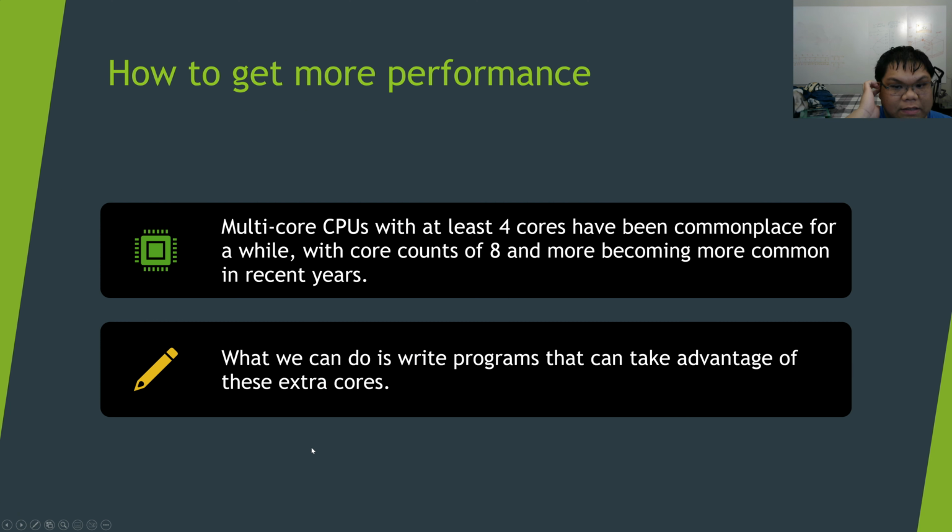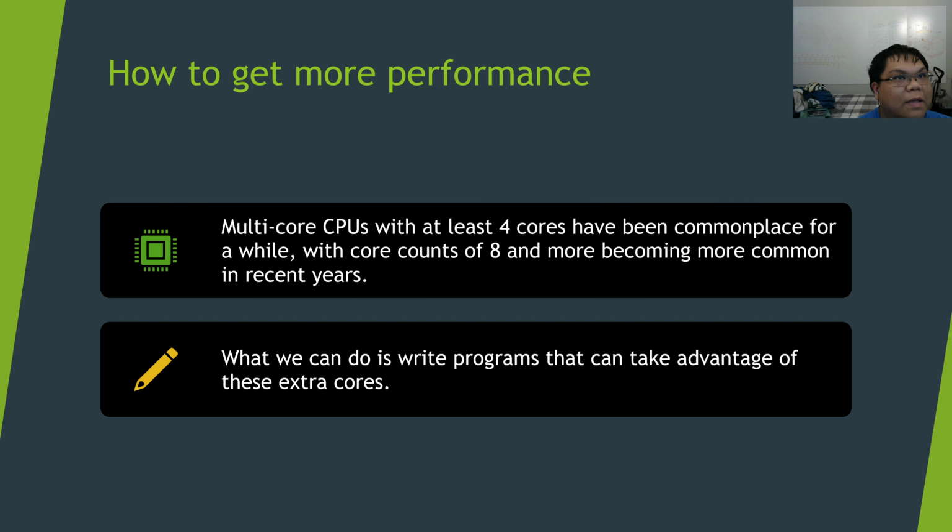So basically, we can get more performance by realizing that multi-core CPUs have been commonplace for a while, and it's in recent times that it started to skyrocket to astronomical amounts, relatively speaking.